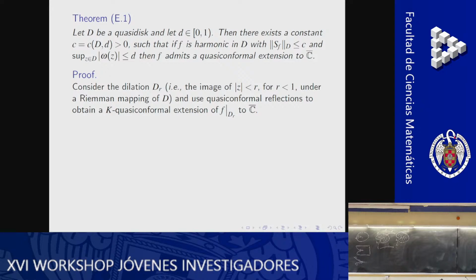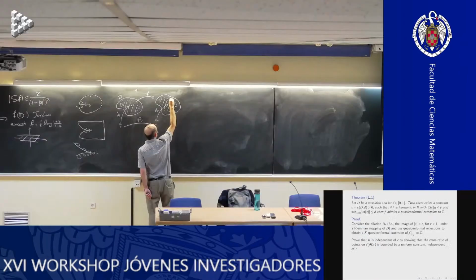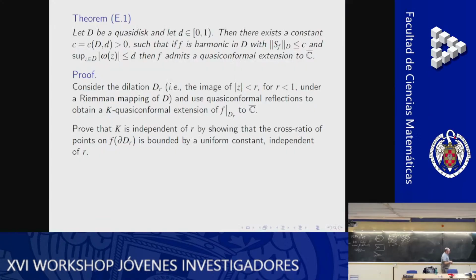So we should prove that it's uniformly bounded, and that's what we do. We prove that K is independent of r by showing that the cross ratio of 4 points on the boundary here is uniformly bounded by a constant that does not depend on small r. After that, we can safely take the limit when r goes to 1.